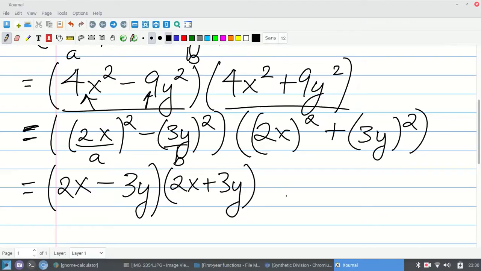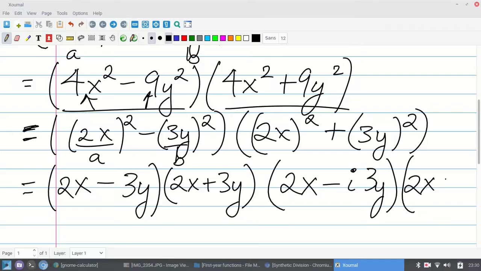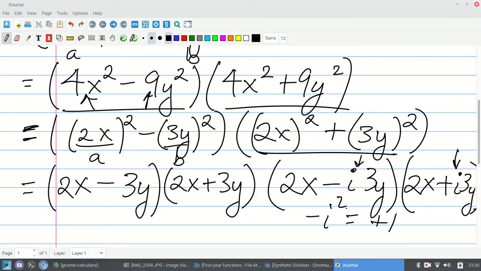Now what about this? I can rewrite it as 2x minus i 3y times 2x plus i 3y. The reason why I do this is because that i and that i will multiply together, and you'll end up getting minus i squared, and that's going to be positive 1, so you'll end up getting this back, right?